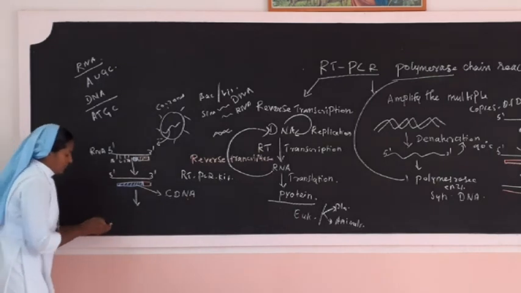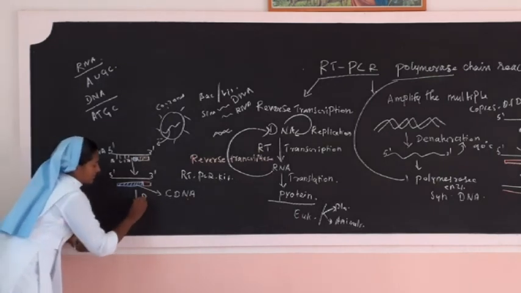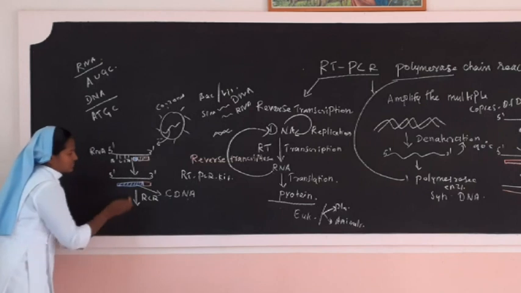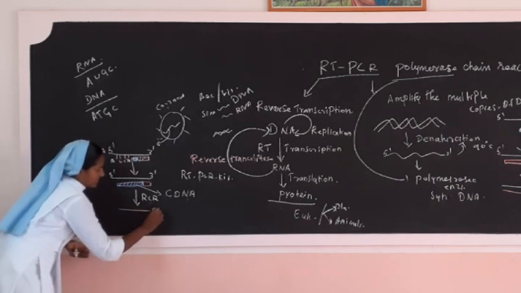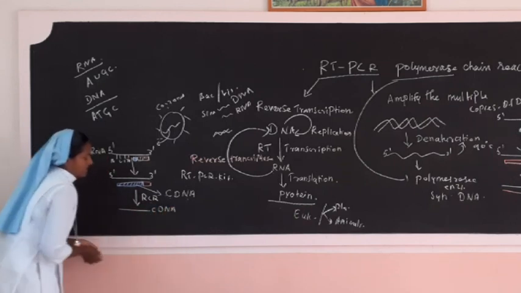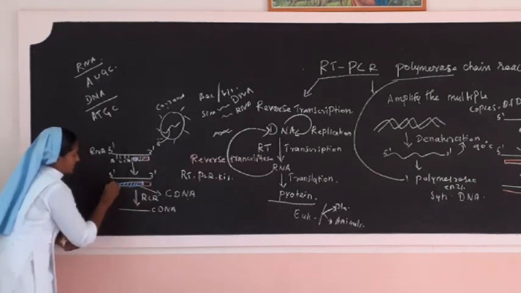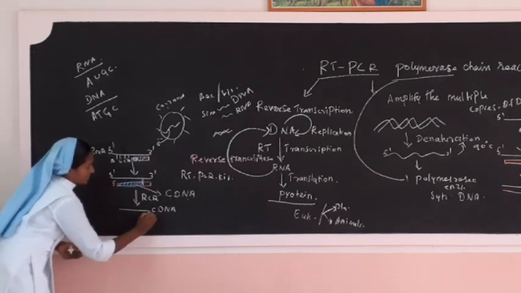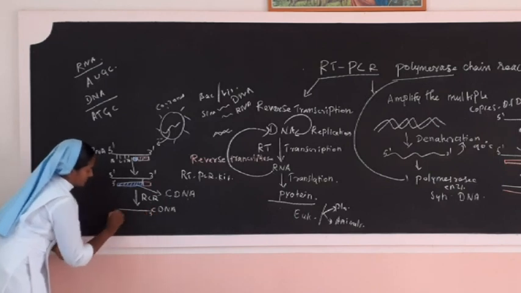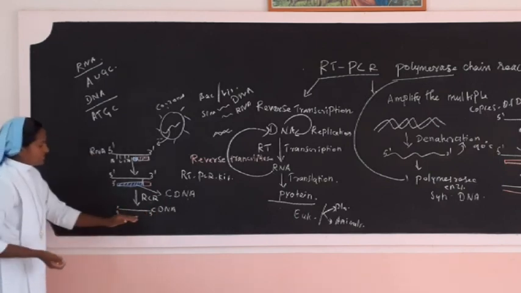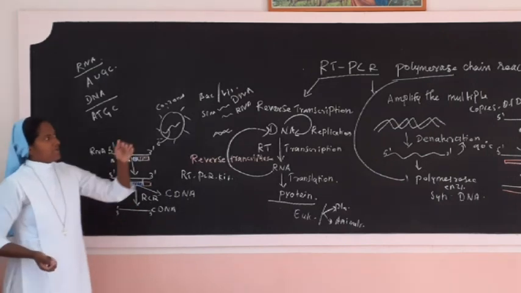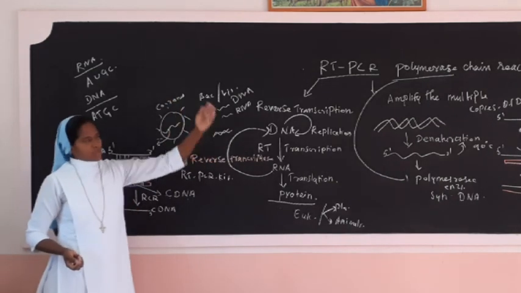So now we take this strand that is synthesized directly to PCR technique, the cDNA. Here 3' end, here 5' end, here 5' end, 3' end. So now these sequences again we take to the PCR and the same process will continue.